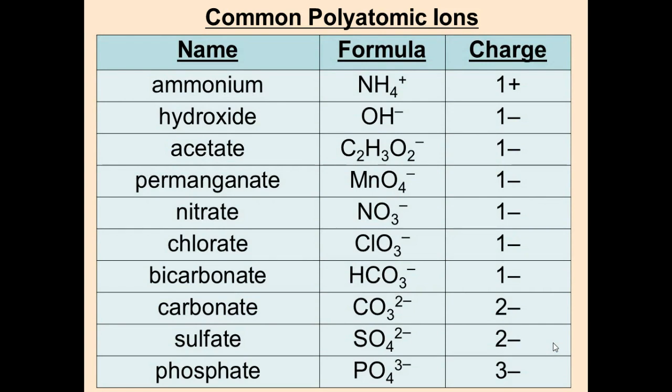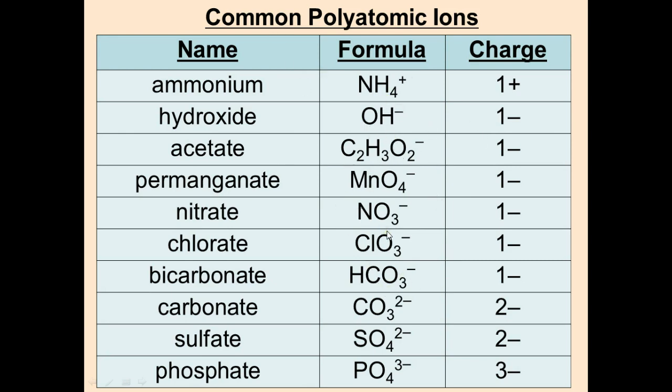And don't worry about remembering these. You will be given a reference sheet. Unless your teacher says otherwise, well, when I was learning this, we had a reference sheet, and so you don't have to remember this, so don't worry. And so all you pretty much have to know is the charges and how to make the formulas with these polyatomic ions.